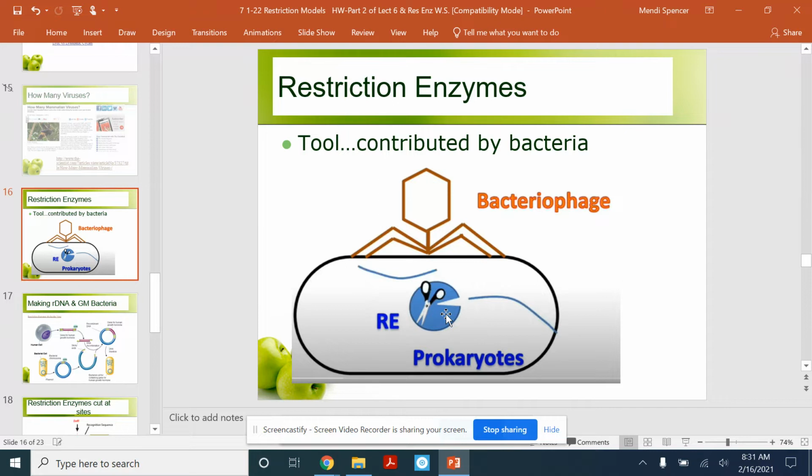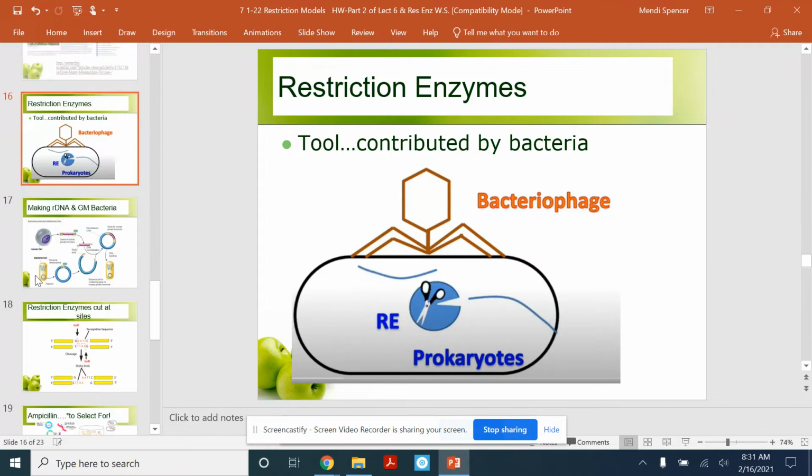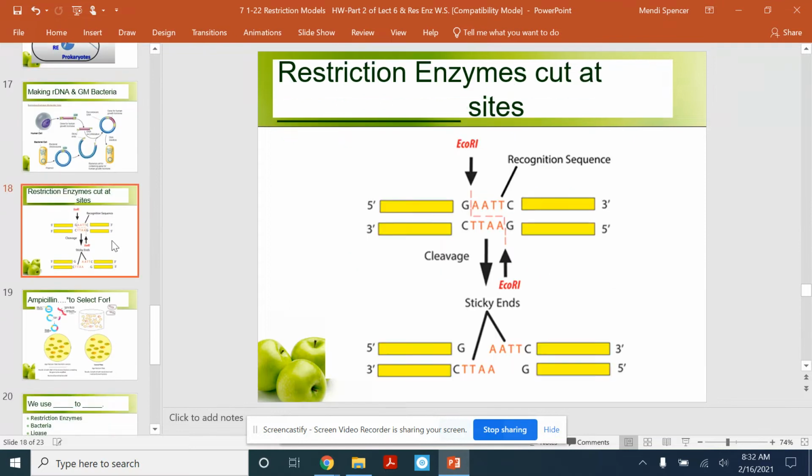It's just that they make proteins, and these proteins happen to recognize certain sequences on viral DNA or RNA and cut it. So it's a defense mechanism that evolved over time. So we discovered these enzymes. Our scissors is kind of like those enzymes, and we have a name for them. Those are called restriction enzymes.